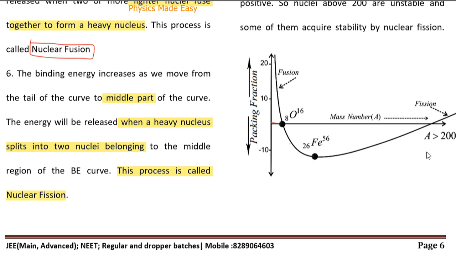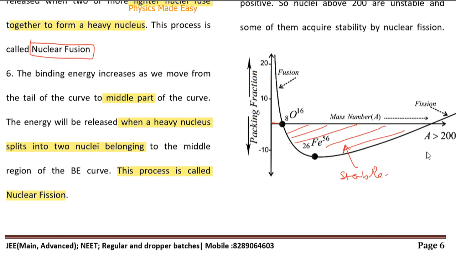For oxygen it is 0, and then it is negative, and here it is negative, and here it rises up again, becomes 0. So we have got these three regions. This red colored nuclei are stable, they have got negative value of packing fraction. All these are stable, and they have negative value of packing fraction.